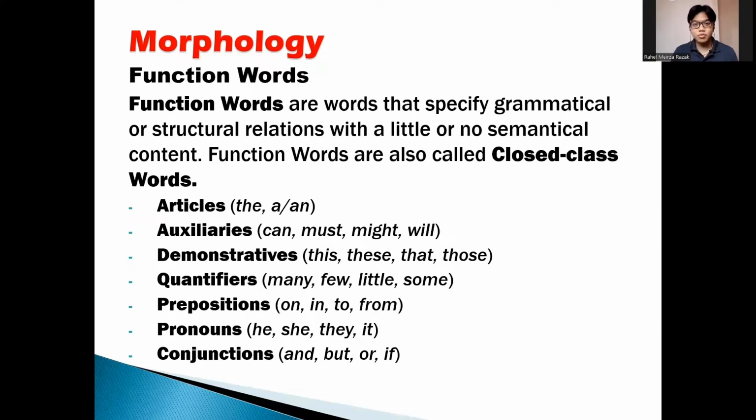Examples of function words are articles, such as the, or and, auxiliaries, such as can, must, might, or will, demonstratives, such as this, these, that, and those, quantifiers, such as many, few, little, or some, prepositions, such as on, in, to, and from, pronouns, such as he, she, they, or it, and conjunctions, such as and, but, or, and if.